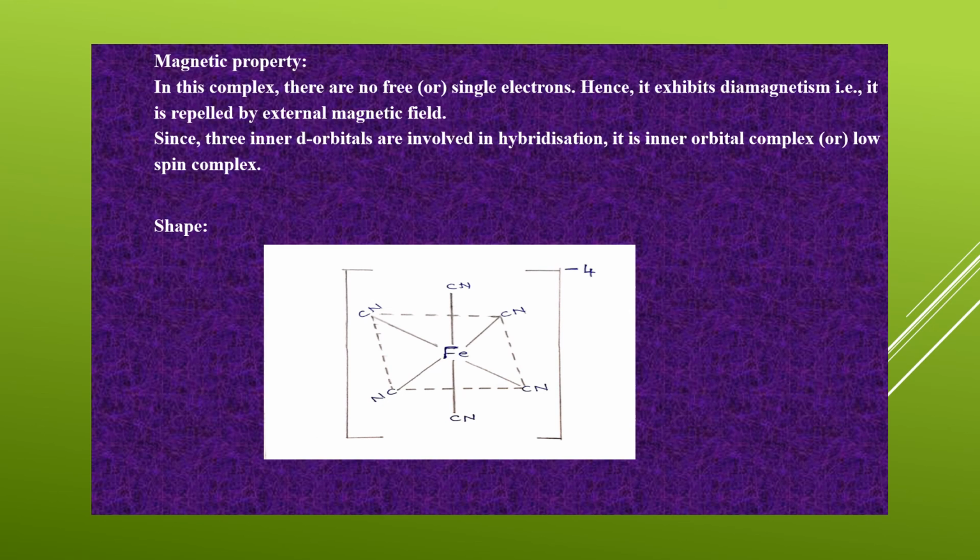Write down the name of this complex ion as hexacyanoferrate(II) ion. So this is all about the electronic configuration, magnetic property and shape of the [Fe(CN)6]4- complex ion.